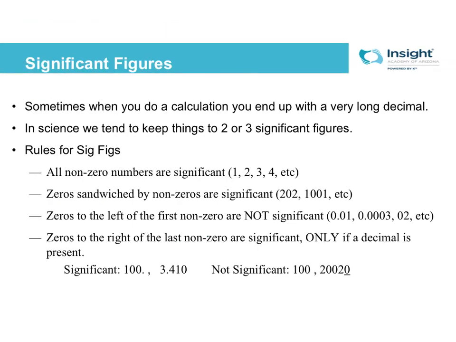So, first thing I want to cover is what scientists call significant figures. There's a couple of reasons why we deal with significant figures. Sometimes you're going to do a calculation and come up with a repeated decimal, like when you do 1/3, you get 0.3333333, or 10 decimals following your answer. There's also, when you're measuring things, you can only measure to a certain amount of precision.